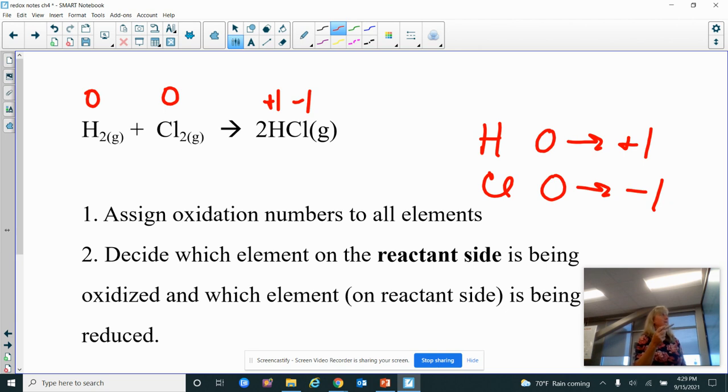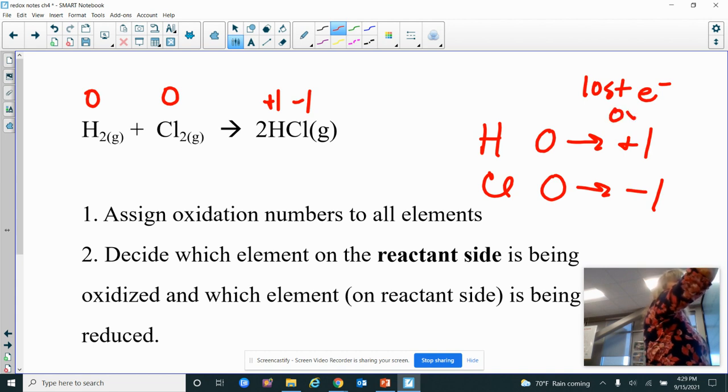So what's happening? The hydrogen is going from 0 to +1. So it had to have lost an electron to get more positive. So hydrogen lost an electron. So it's oxidized. Loses electrons, oxidized. If it's getting more positive, it means it's losing a negatively charged electron.